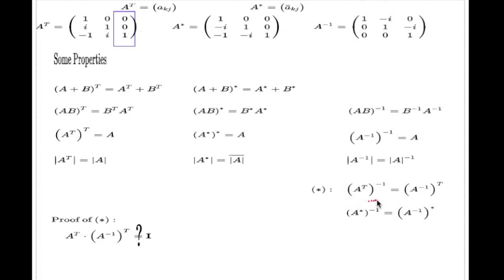Remember, the inverse is a matrix with a property like this. Any matrix which makes this happen, we call it an inverse. So look at this. If I prove this identity, this big matrix will make this happen for this A transpose. So this big matrix will be the inverse of A transpose.